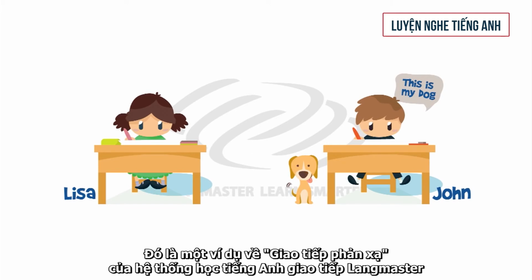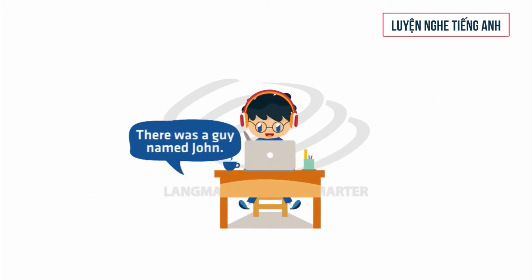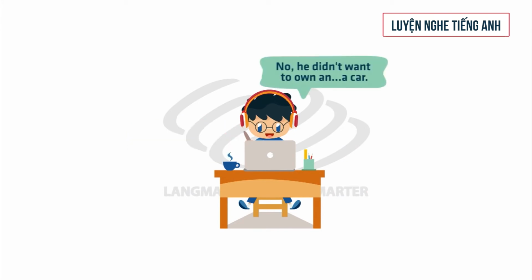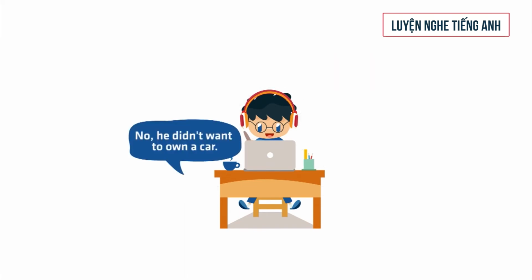There was a guy named John. He wanted to own a restaurant. Did John want to own a car? No. He didn't want to own a car. He didn't want to own a car.